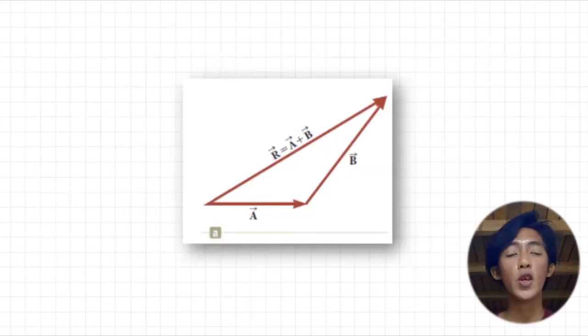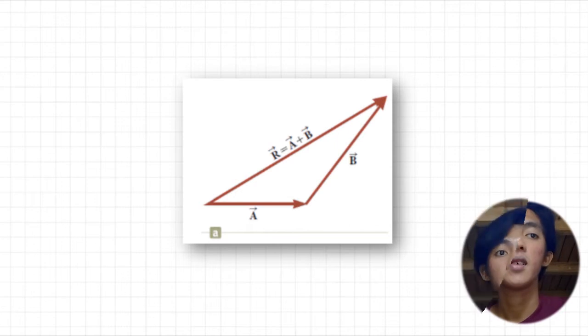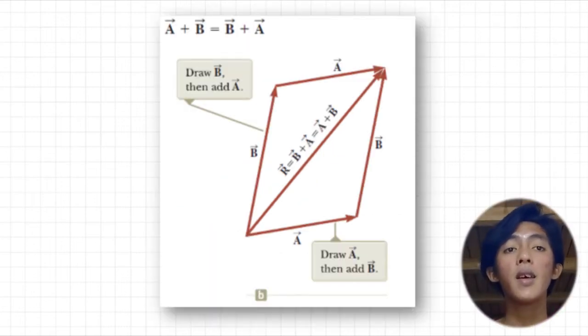As you can see in the figure, when vector B is added to vector A, the resultant vector R is the vector that runs from the tail of vector A to the tip of vector B. In the next figure, this construction shows that vector A plus vector B is equal to vector B plus vector A. Vector addition is commutative, which is the application of the commutative law of addition to vectors.